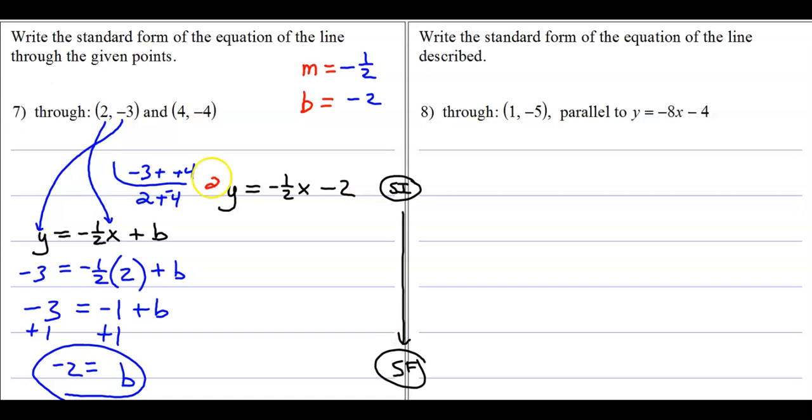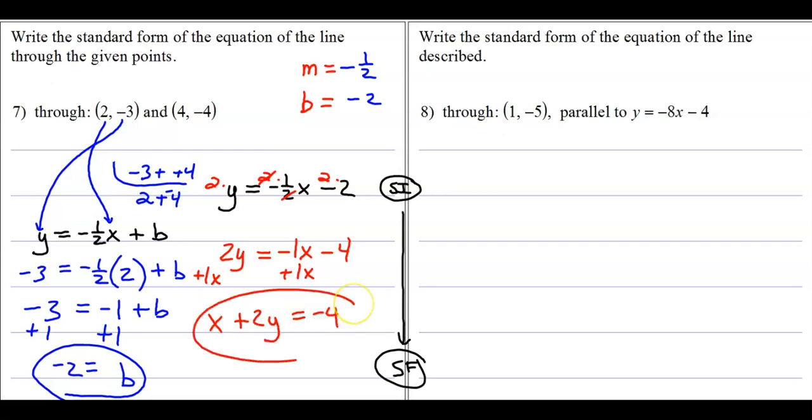I see a 2, so we need to multiply everybody by 2. So that goes away, and I have 2y equals -1x minus 4. And now the only thing left to do is add that 1x to both sides, and we should be looking pretty good. X plus 2y is -4. Bam. So now we're in standard form.